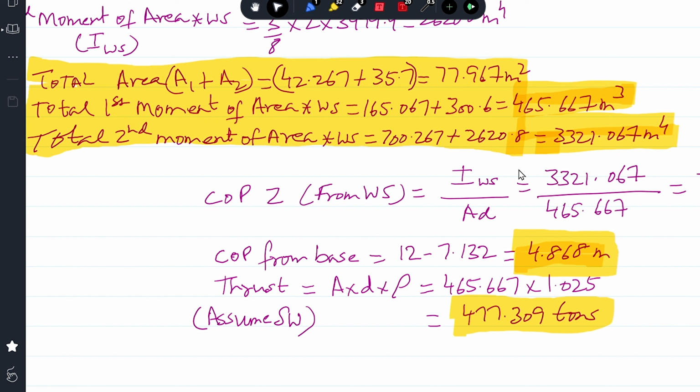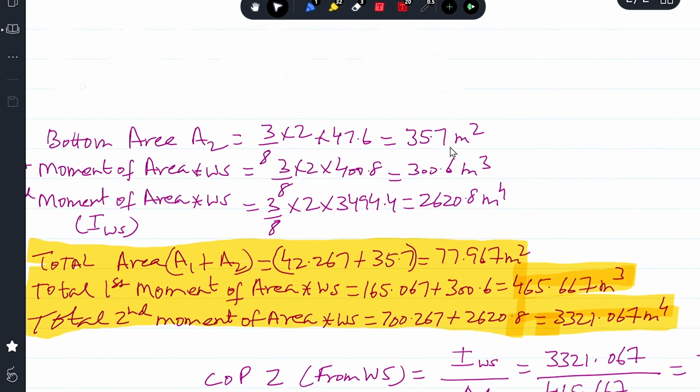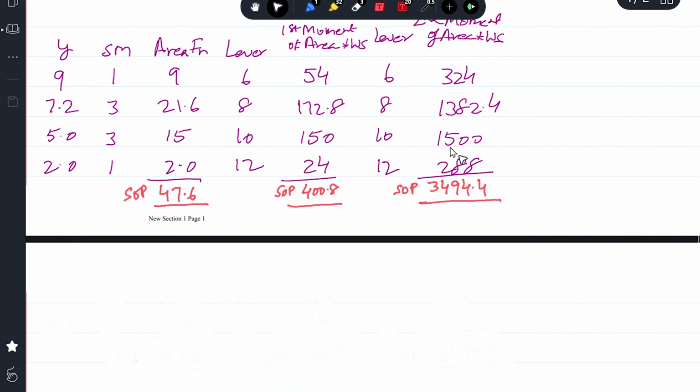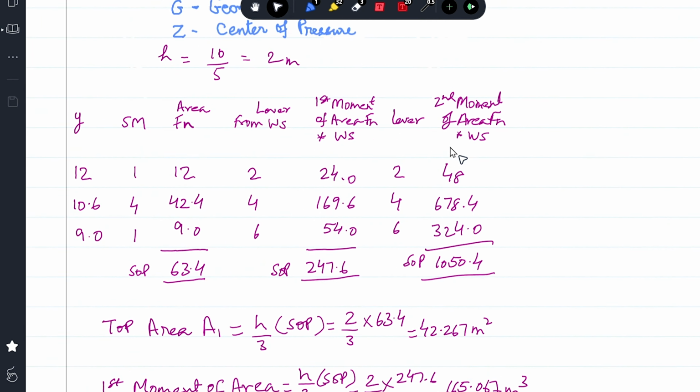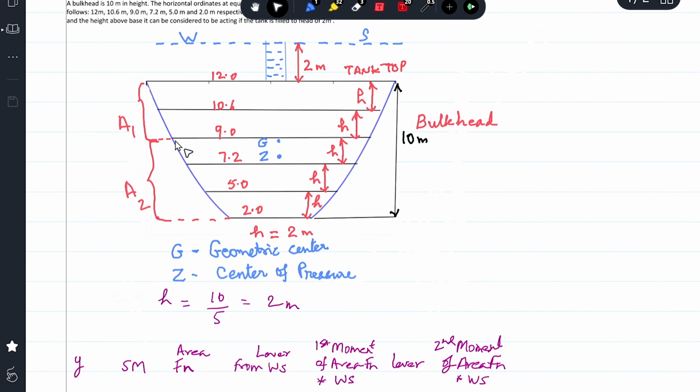I have calculated the same question by the other method: first take the moments from the tank top, then apply the parallel axis theorem and get the moment of inertia about the axis passing through the centroid, IgG.